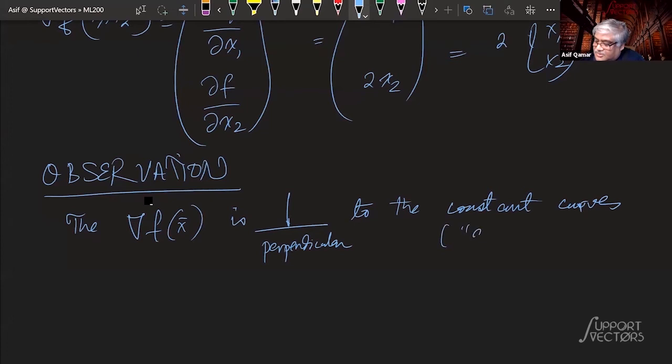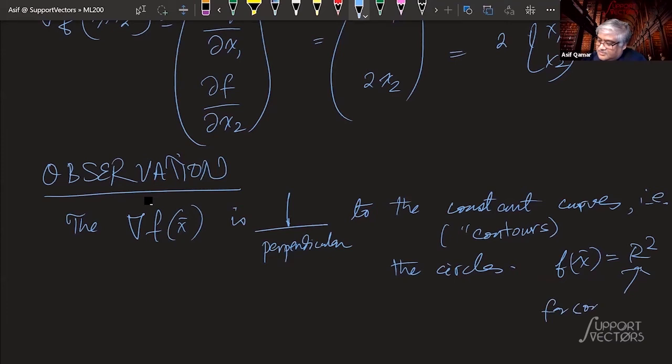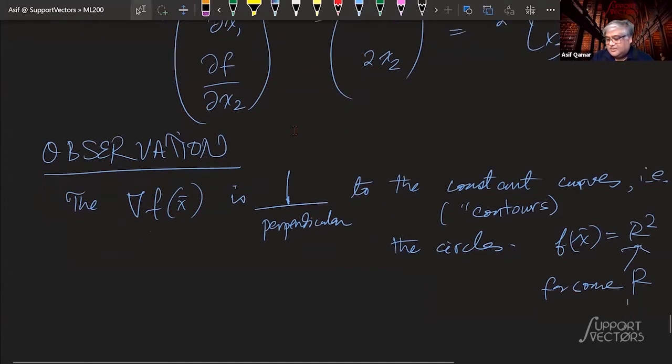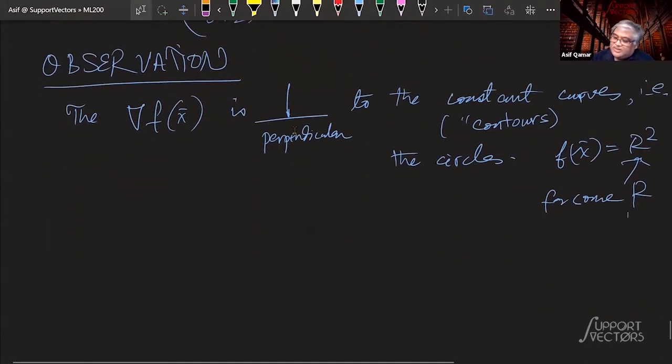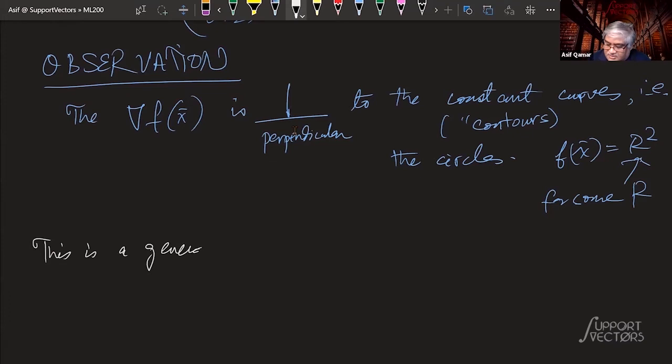These are called contours, i.e. the circles, where f is some constant r squared, for some r. This observation is very general. What is true for the circle is always true. This is a general fact.